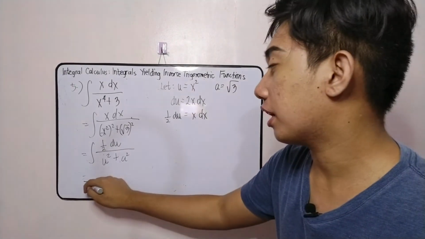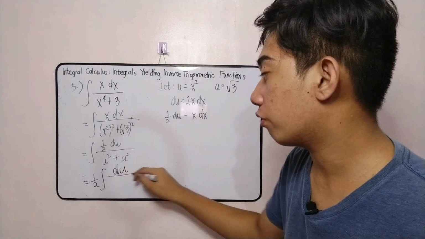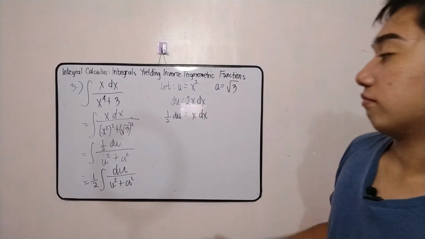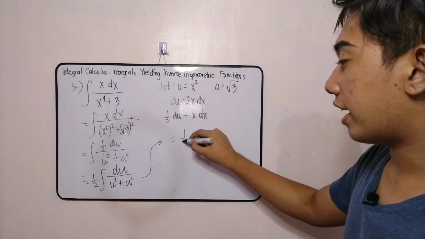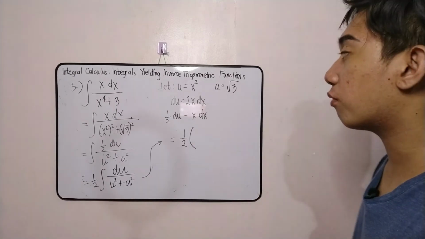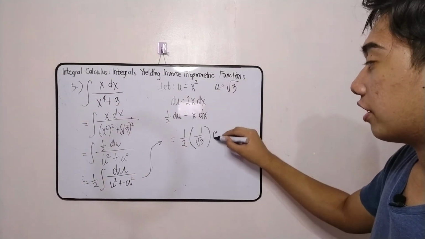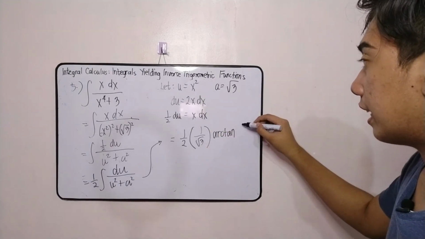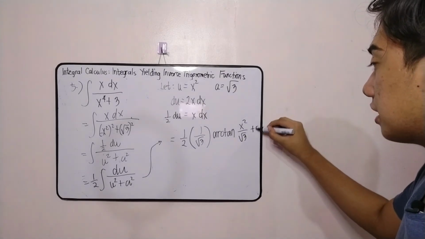So, labas muna natin yung 1/2, the integration of du all over a squared plus u squared. Then, we have 1/2 times 1 over a, 1 over square root of 3, inverse tangent of u over a, which is x squared over square root of 3 plus c.